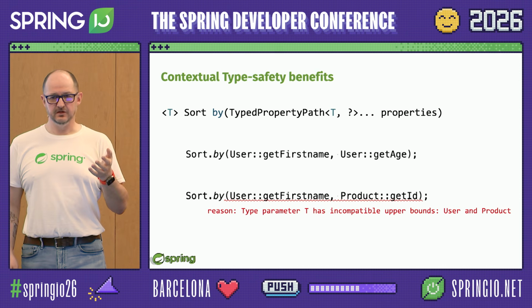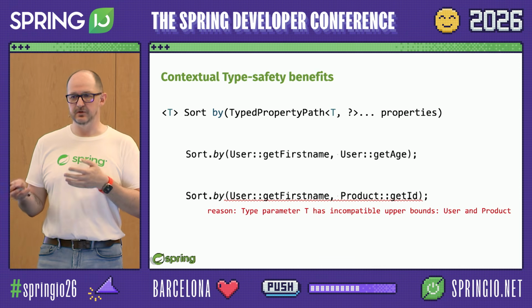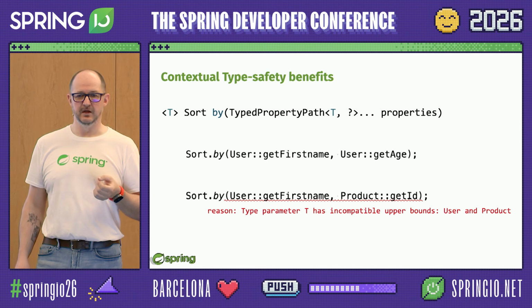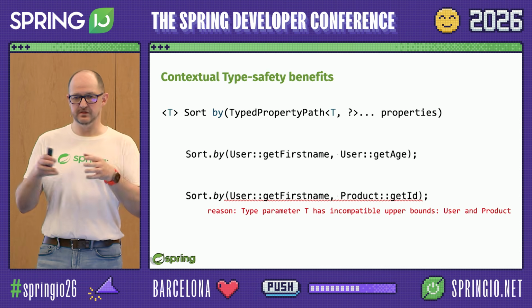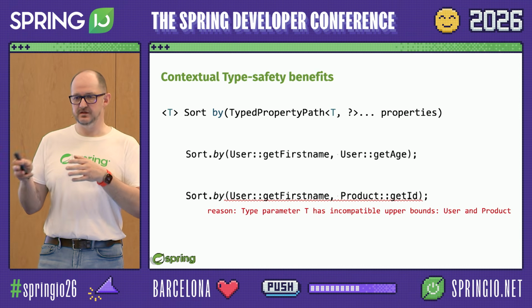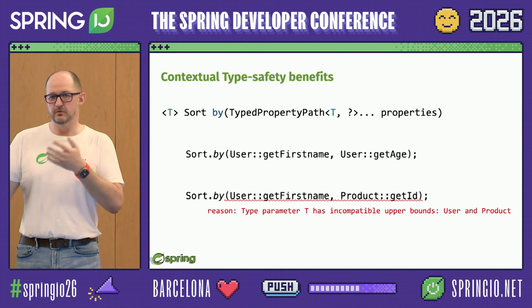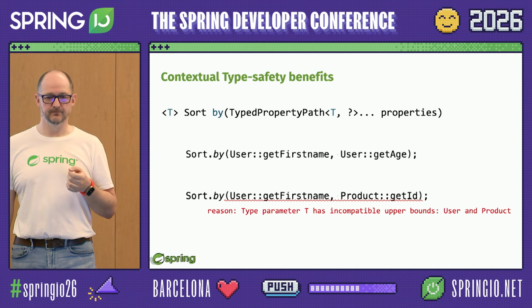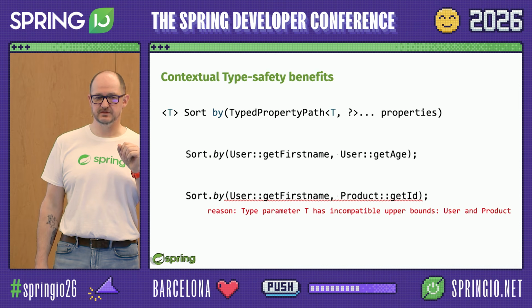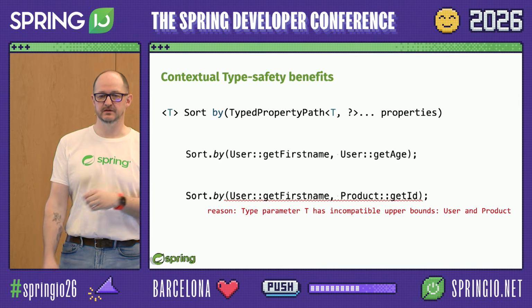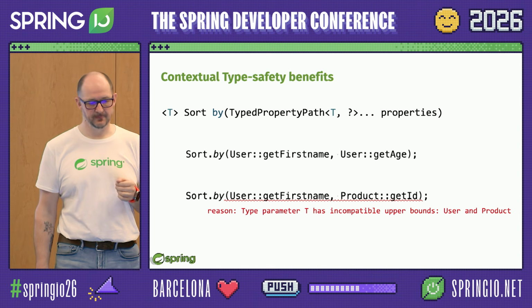For a user get age, typically T would be the user, and age some numeric type, such as an integer. And if you start chaining, like the previous example, user get addresses, and then address get city, then T remains user, and city probably is going to be a string. The information that there was an intermediate address element is not reflected in the type signature at all. For now, we don't need it.